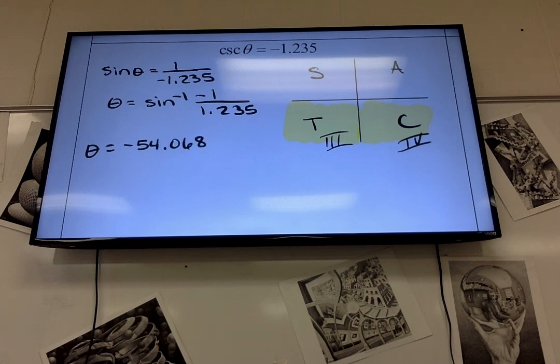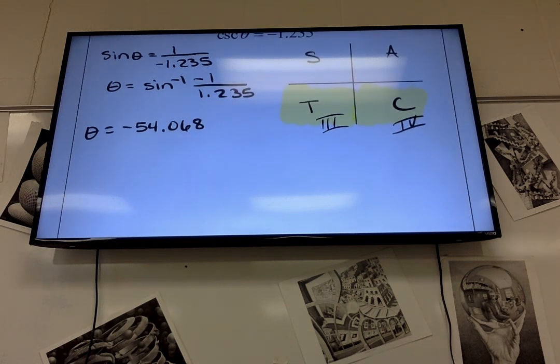Now, unfortunately, I'm not going to be able to use that as one of my answers because it says my answers have to be between 0 and 360. So I'll just have to rewrite it. Negative 54.068 looks like that. But I need it between 0 and 360. So I need it to be that purple one.